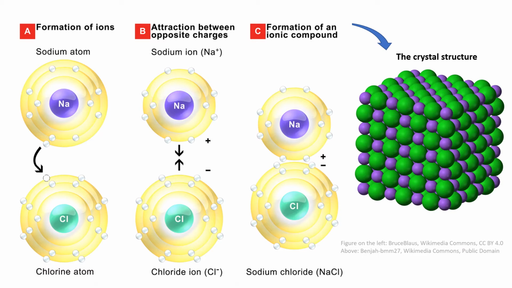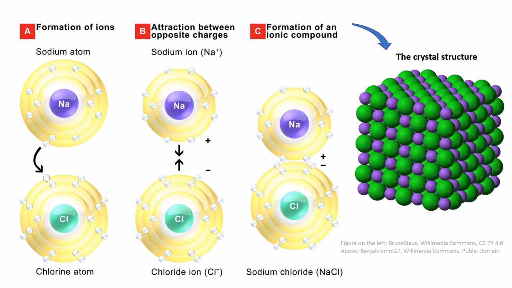On the other side, the atomic number of chlorine is 17. A chlorine atom has 7 electrons in the outermost shell and needs 1 more electron to achieve noble gas configuration. So a chlorine atom takes 1 electron from the sodium atom.